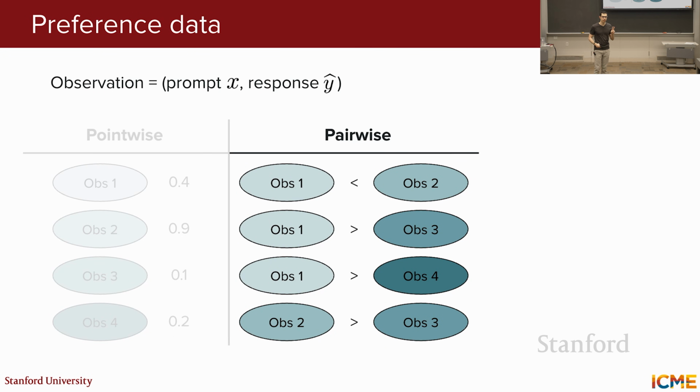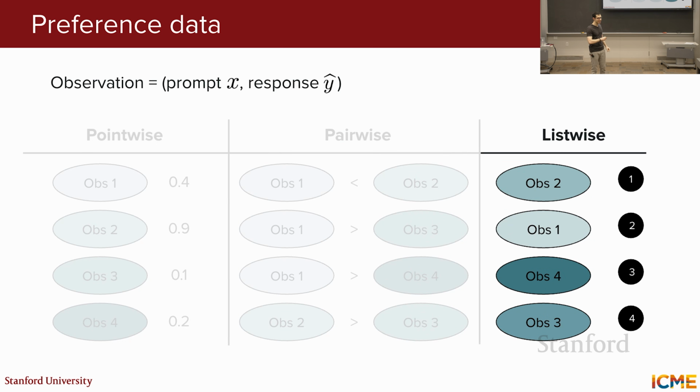The second idea is for you to get two observations at a time and to say which one is better. So this one is called pairwise preference data, and it's much easier. And then the third one is listwise, which is you get a list of, let's say, n poems, and then you just rank which one is best, which one is worse, et cetera.